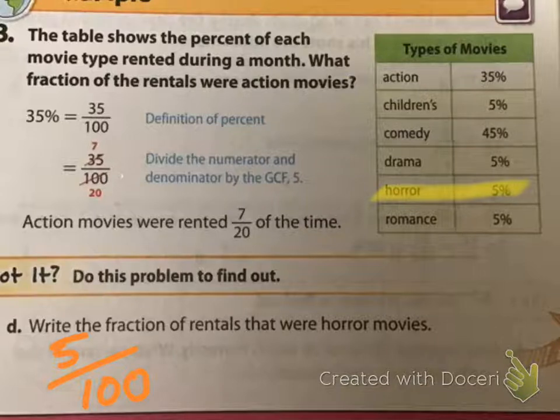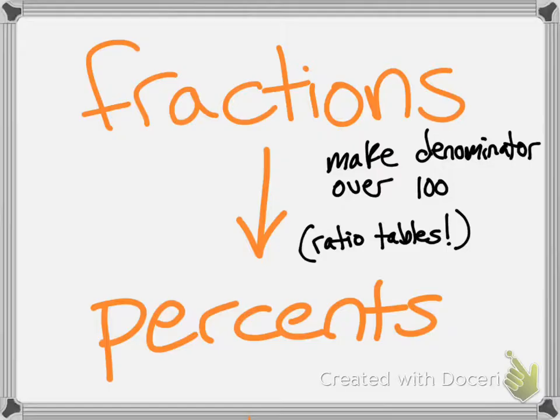What's our simplified version of this fraction then, Marley? It is 1 over 20. Perfect, 1 over 20. I look at these, they're both divisible by 5. It turns out that's the greatest common factor. But I just look at that first and I go, okay, 1 over 20. Excellent, that's how we simplify.